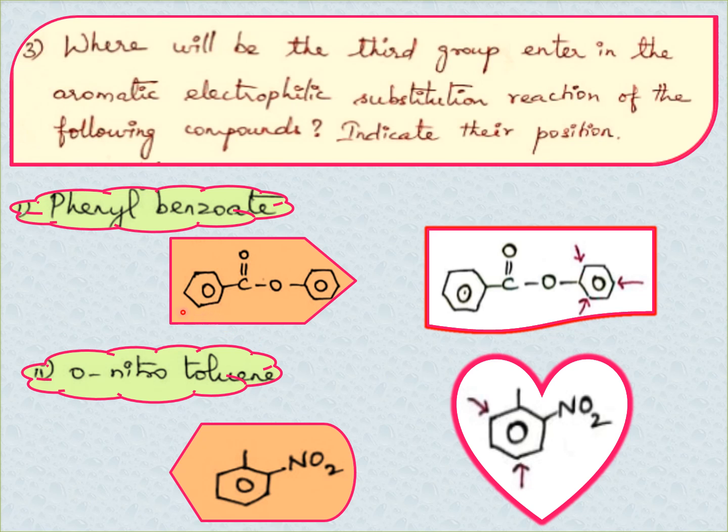When we look at this benzene ring, it has a C=O group. It is electron withdrawing in nature, so it is not possible for the incoming electrophile to enter that easily. When coming to this benzene ring, it is attached to an O, so it is electron donating in nature to the benzene ring.